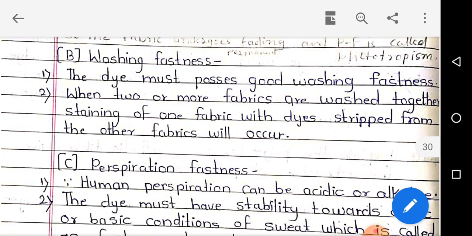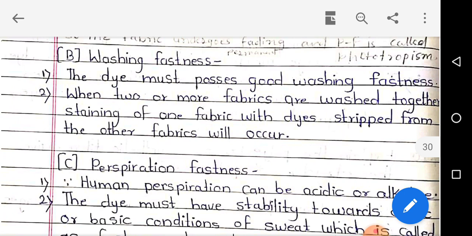If that new colored cotton cloth is washed with another white cloth, then the colored cloth loses color and the white cloth takes on that color. Means disintegration, self-disintegration of that dye occurs at that time.